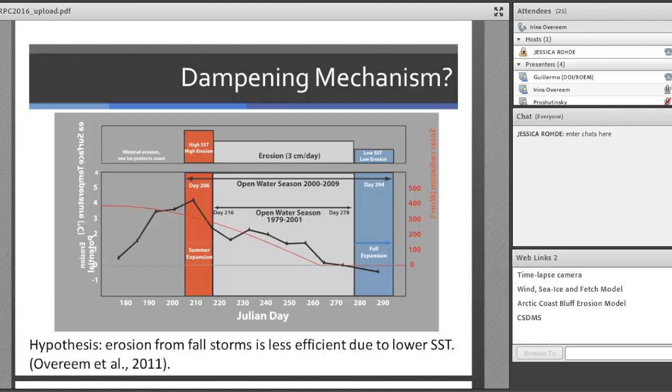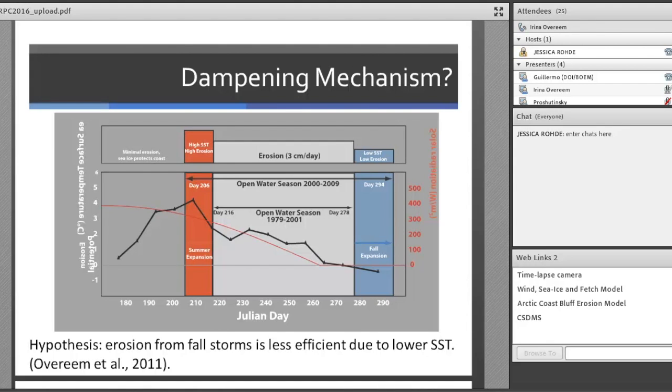What I wanted to bring this back to is, are there any dampening mechanisms to this? Early on, we thought that because the sea ice open water season expanded more in the fall than it did in the summer, and sea ice scientists had noted that for a while, there's more storms that happen then too, thus we'll have more erosion in that time period.